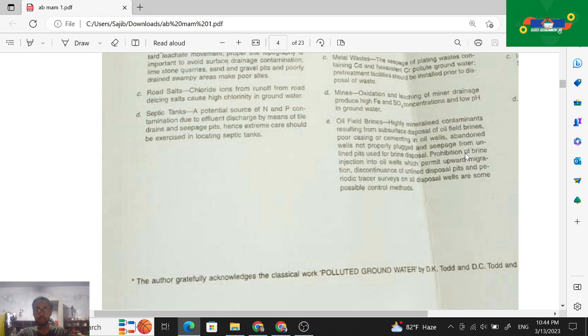Then prohibit brine injection into oil wells which permits upward migration, discontinue the unlined disposal pits, and conduct periodic tracer surveys on the disposal wells, along with some possible control methods.